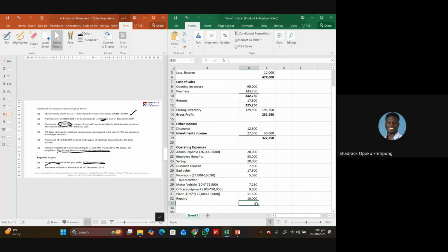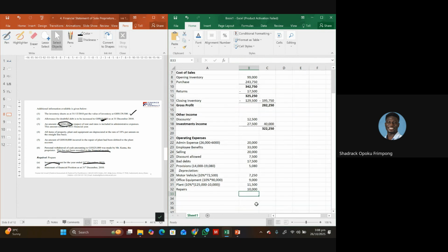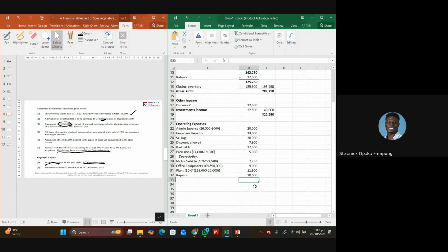If you withdraw money, whatever you want to use the money for is none of our business. We would assume you have taken a portion of your capital. Even if the examiner had told us that Mr. Kama withdrew 25,000 for personal use and used that money to buy a car, that car will not be included in the company's property, plant, and equipment. That's his personal transaction, and it shouldn't form part of our expenses as a business. So let's just add them up.